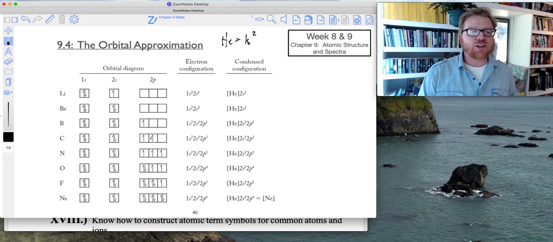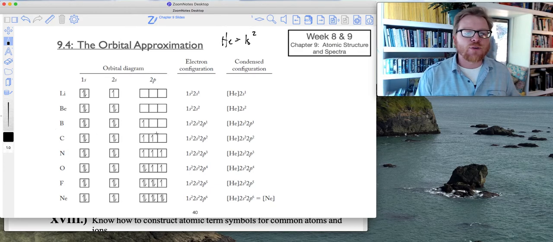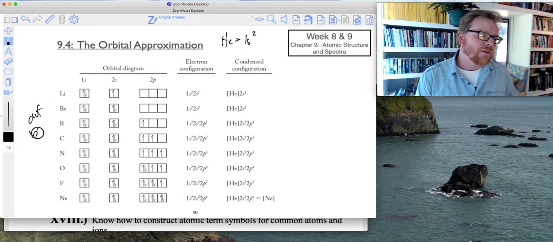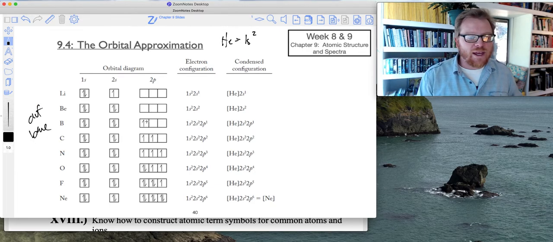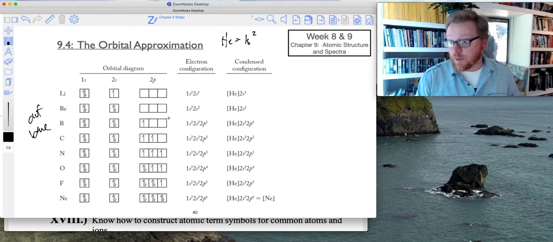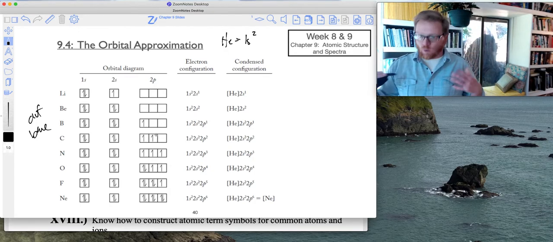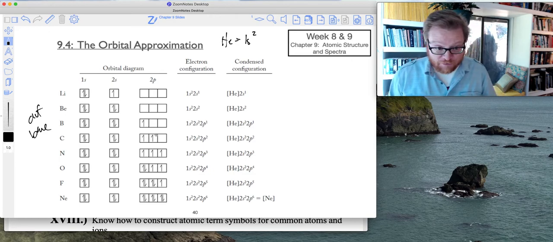So I'll remind you, this is the Aufbau principle. When we have open spaces, our electrons will occupy those open spaces. So for example, when we go from boron to carbon, from 2p1 to 2p2, that last electron for carbon is not going to pair up. It's going to go into the open orbital to make the lowest energy configuration.